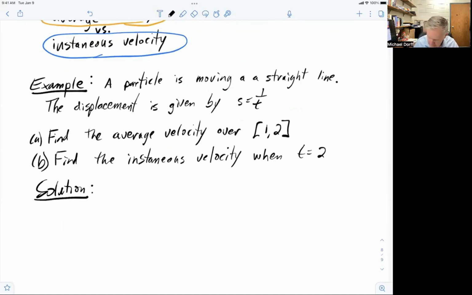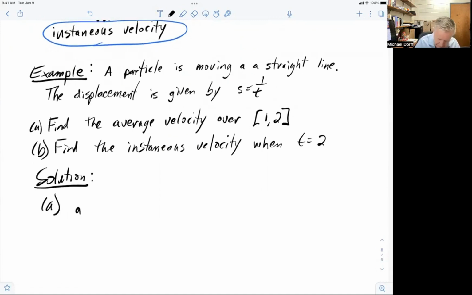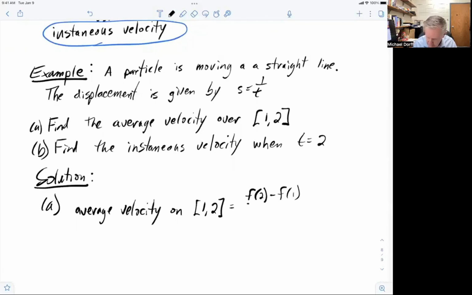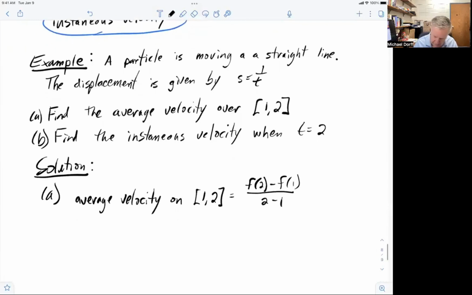So for the first one, part A, the average velocity on [1, 2] is going to equal the difference of the y's over the difference of the x's. In this case, that's going to be f of 2 minus f of 1 over 2 minus 1, where f of t equals 1 over t.